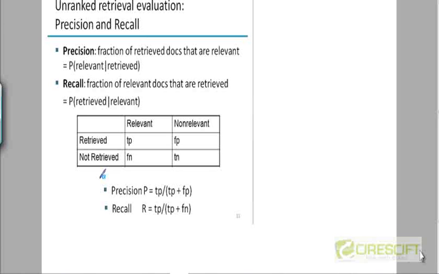And in chapter 1 we saw that there were two measures, precision and recall, for measuring the performance of an IR system. The precision is the fraction of the retrieved documents that are relevant, and the recall was the fraction of the relevant documents in the collection that were actually retrieved.